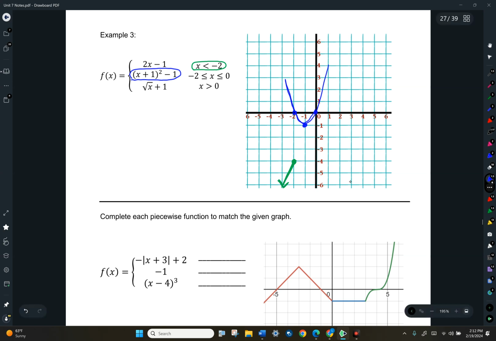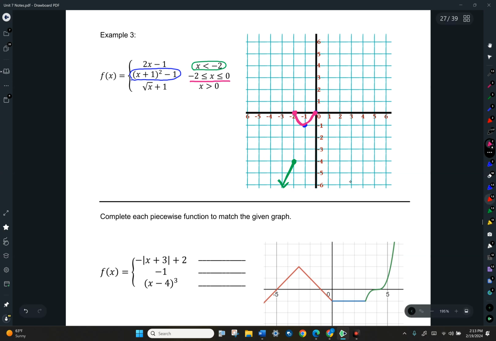And this time, I want the part of the parabola that is between -2 and 0. Well, here's where x is -2. Here's where x is 0. If I only want the part between there, that means I only want this piece right here. So I will erase everything else.